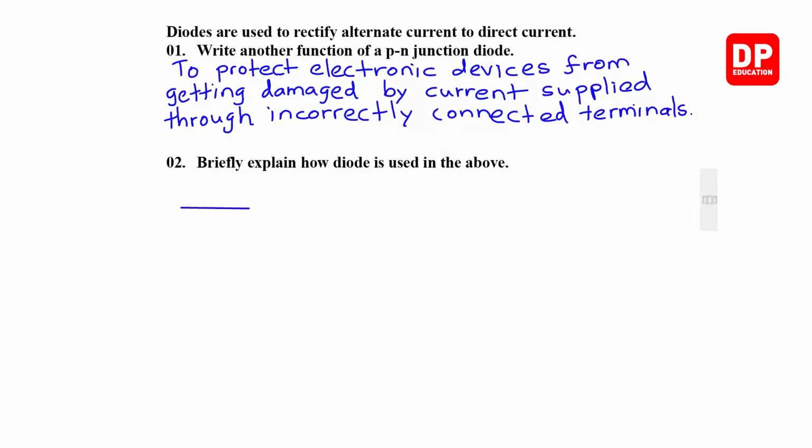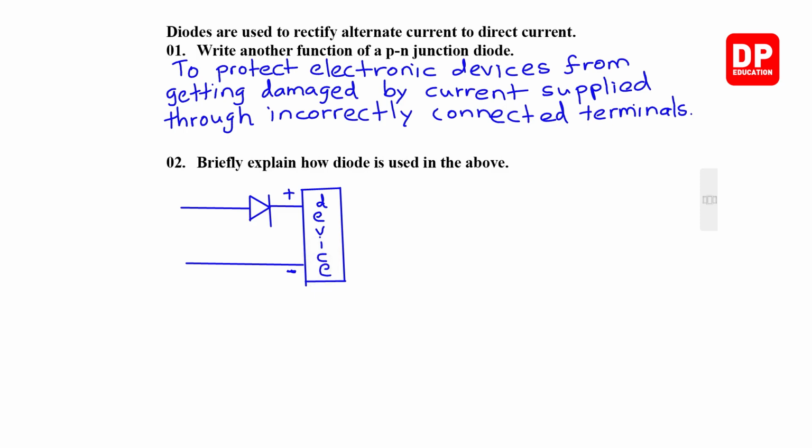So, here we have a diode there, then the device. So here that is the positive and negative terminal, and that is the device.